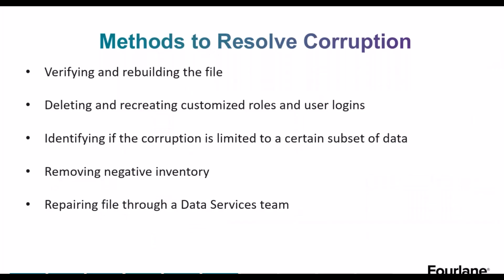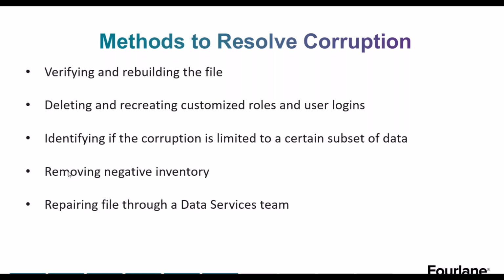The last thing that we would potentially need to look at is if these things above have not been helpful in resolving the corruption, or maybe they've limited certain areas of issues that we're experiencing, but the file operationally is still having problems, then the last thing that we would need to do at that point is look at possibly pursuing a repair through a data service team.